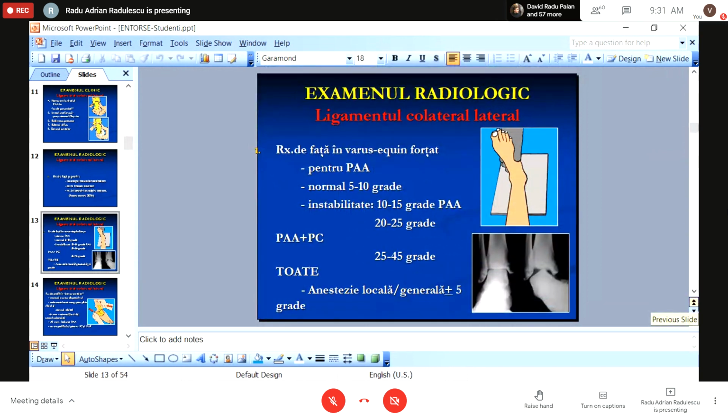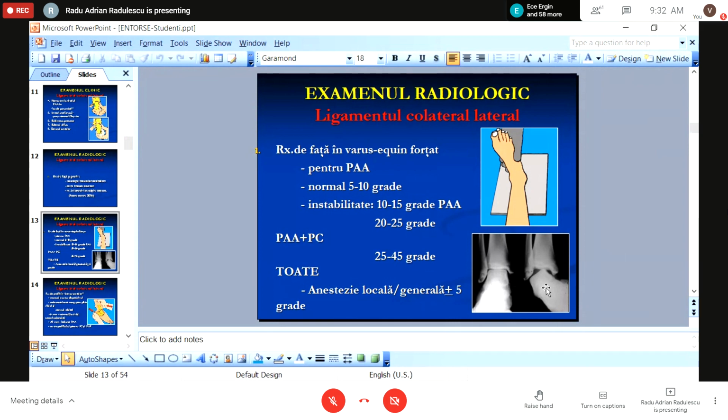Okay, we have the diagnosis, we have the X-ray. Look here on this X-ray, down right. It's the same ankle. Here is a front view of an ankle in neutral position. And here is the X-ray of the same ankle in a forced position. What do I mean by forced position?